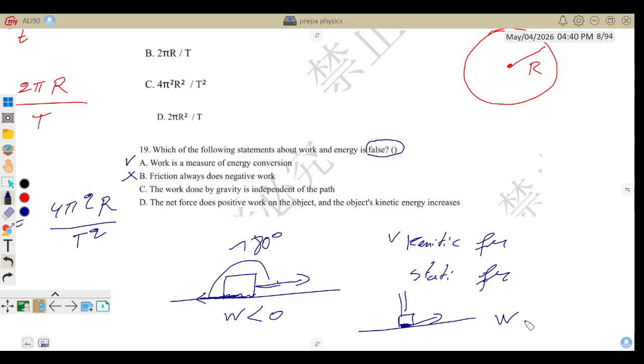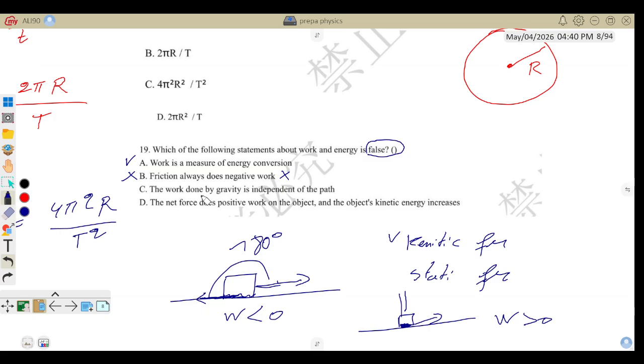In this case, the work would be positive. That means friction always does negative work is a false proposition here. In the case of static friction, that friction generates what we call a positive work.